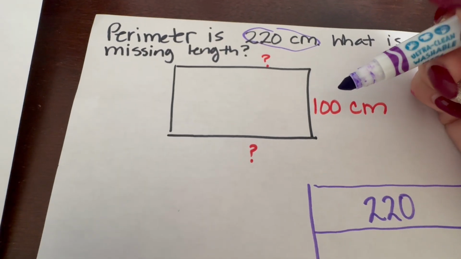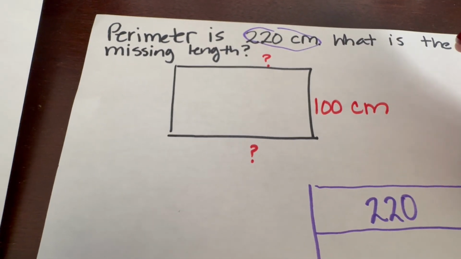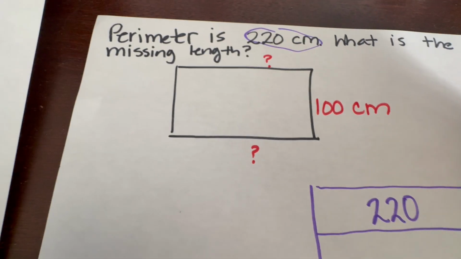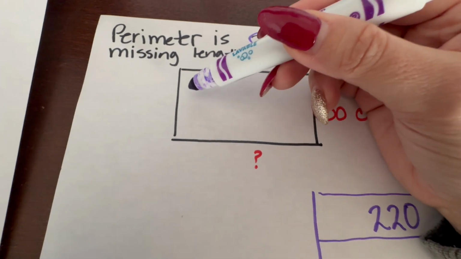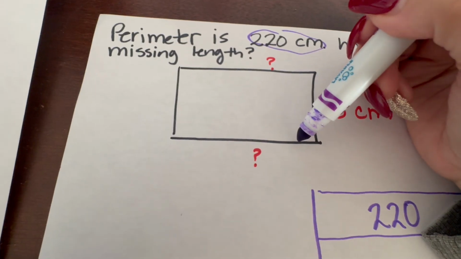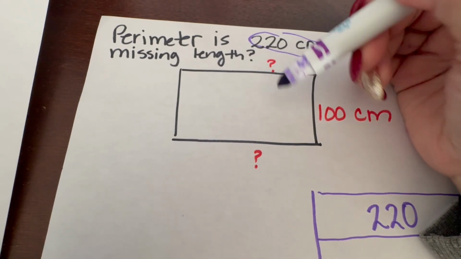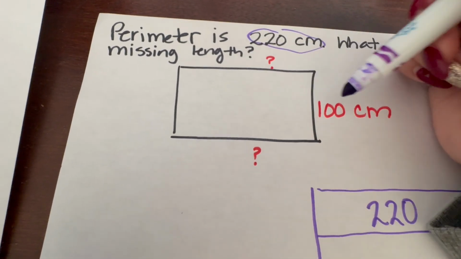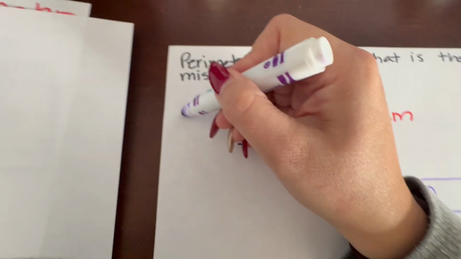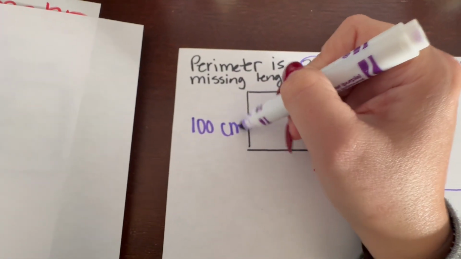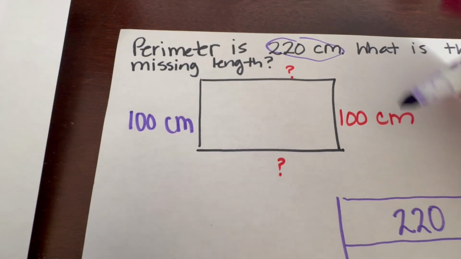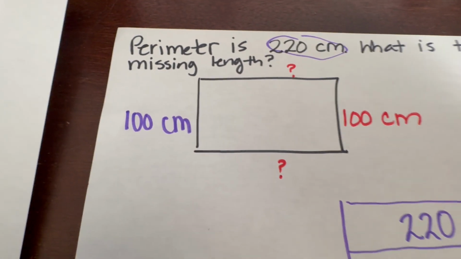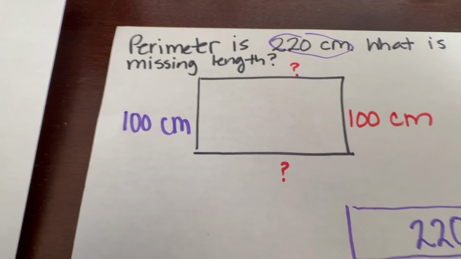And you must know that a rectangle has opposite sides that are parallel and congruent. So that means this side is equal to this side and this side is equal to this side. Opposite means right here, opposite of each other. So if this is 100, this is 100. Sometimes they'll label it for you, but sometimes you have to know that if this is 100, this is 100, because in a rectangle, opposite sides are parallel and congruent.